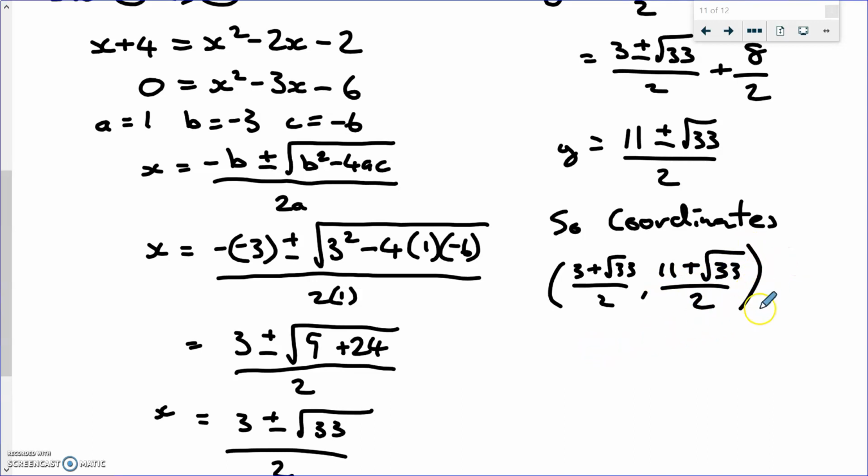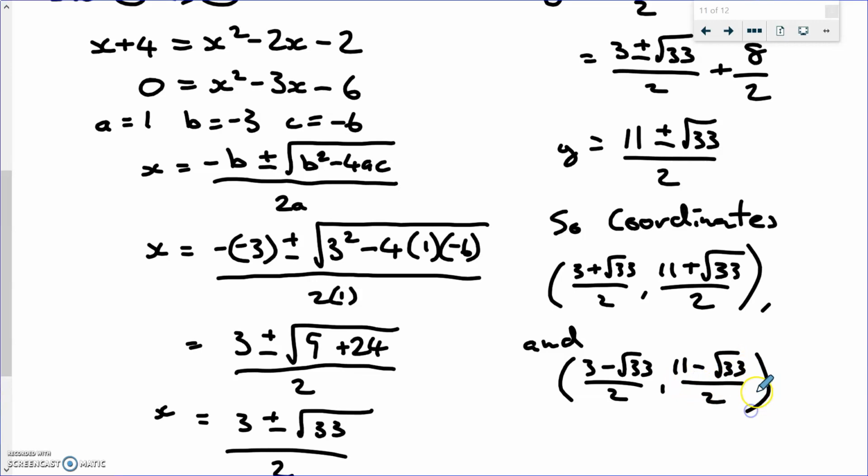You can make them decimals, but we try to keep them as exact values if we can. And the other coordinate would be 3 minus root 33 over 2 and 11 minus root 33 over 2. So this particular set of equations intersects at 2 points.